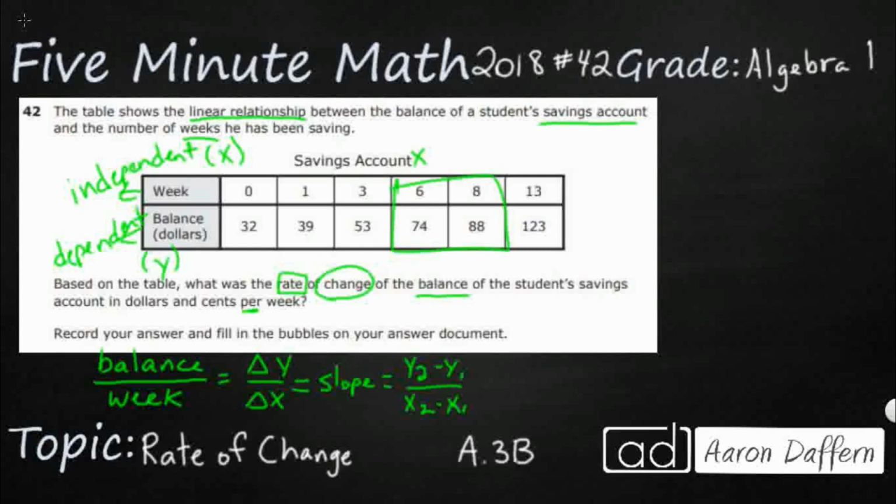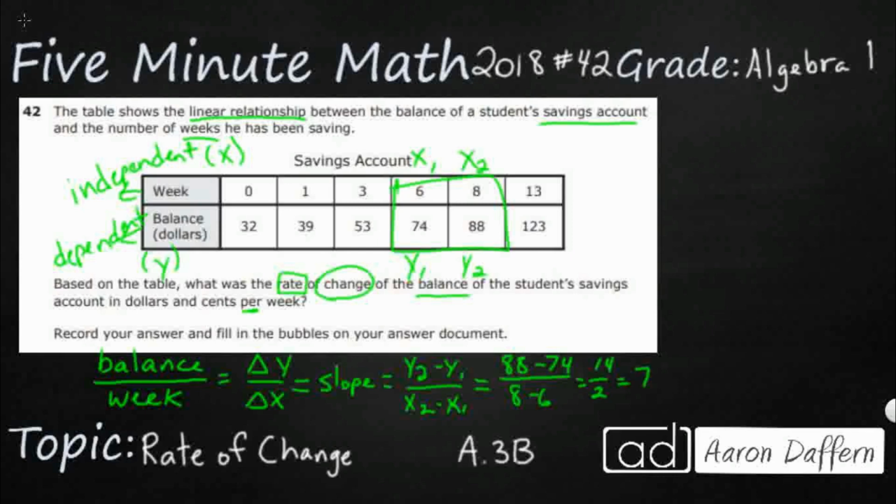So that's going to be my x1, x2, y1, y2. My y2 is 88, my y1 is 74, and then I've got 8 minus 6. So that's nice, that's going to be 14 over 2.